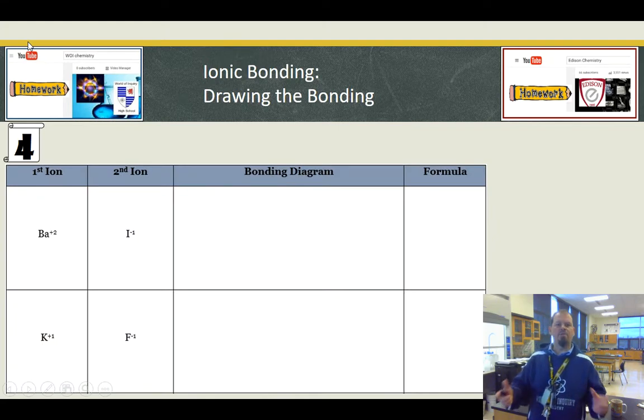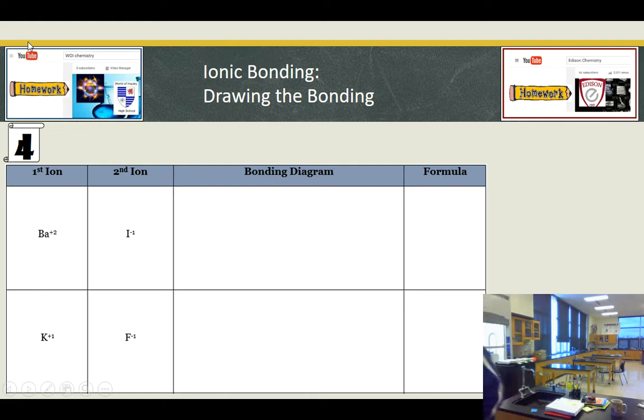So now we need to put these things together and figure out their formula. So I see a Ba with a +2. So let me write Ba with a +2. There's my bracket. And I got an iodine with a -1. So that's iodine with a -1. My dots: 1, 2, 3, 4, 5, 6, 7. Iodine is a group 17 nonmetal. And he's a -1.